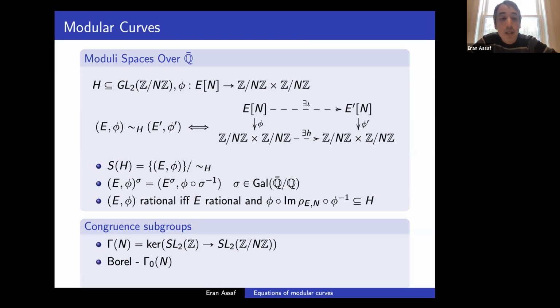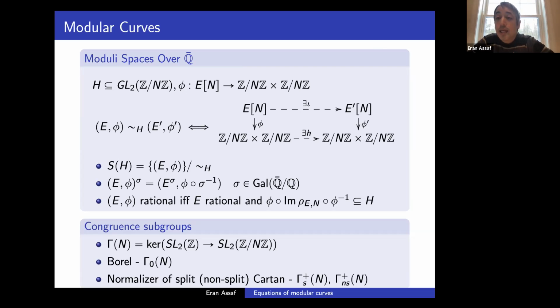So we have a subgroup corresponding to the Borel. Remember, the Borel was the maximal subgroup of GL2(Z/pZ) or Z/nZ that stabilizes a line. So we can take all the 2x2 matrices that, if we reduce them mod n, give a matrix in the Borel subgroup. These are the groups gamma 0 of n.